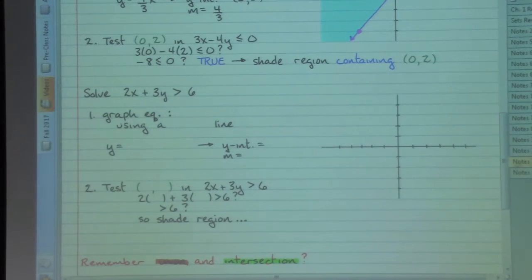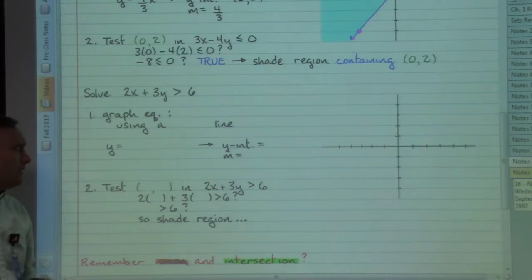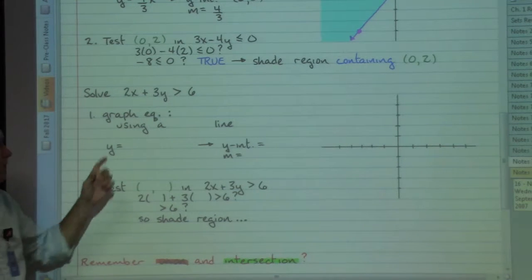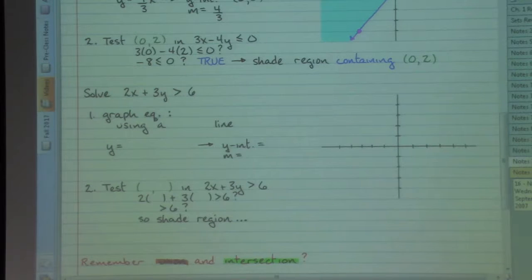And not surprisingly, we've got things already mapped out a little bit here for how we want to work things. Step one, like before, we're going to want to say what equation it is that we want to graph. So we're going to take the inequality problem, which starts with 2x plus 3y, and instead of the greater than symbol, we're going to put in the equal to symbol so that we have a normal equation, equal to 6.